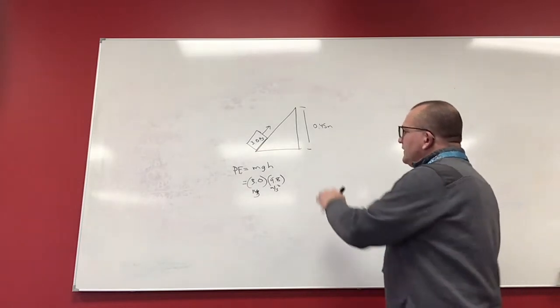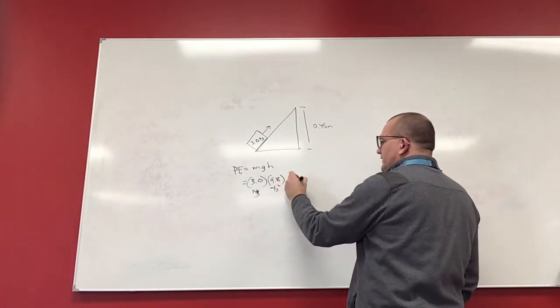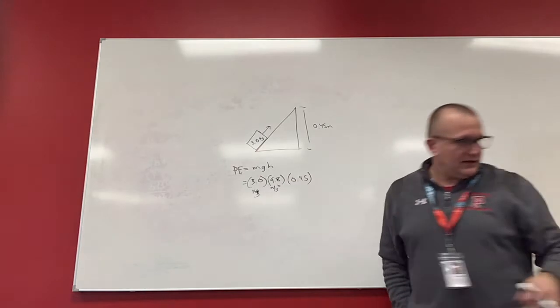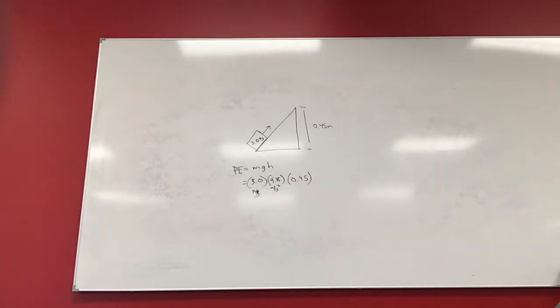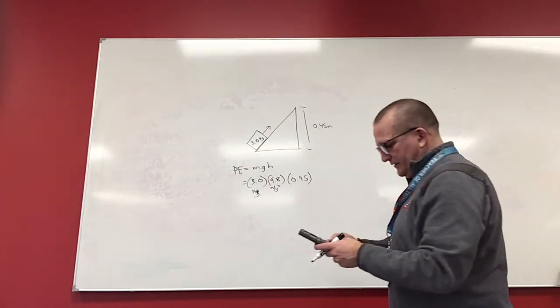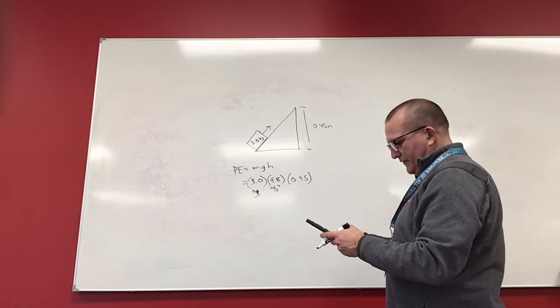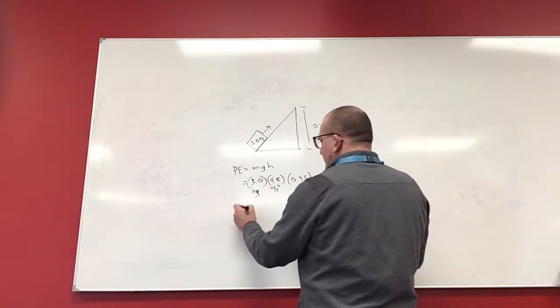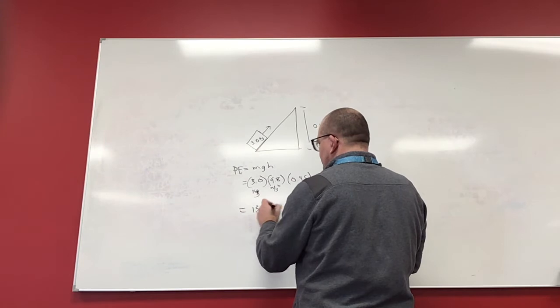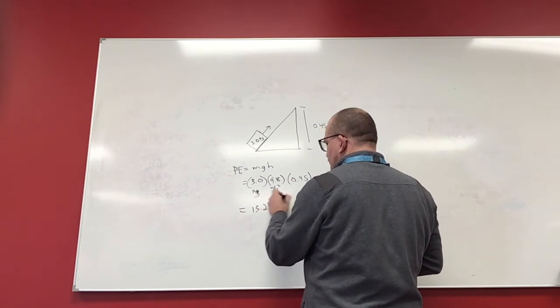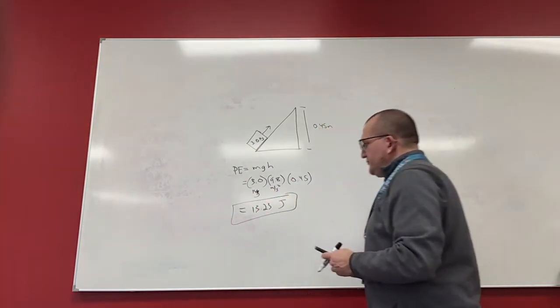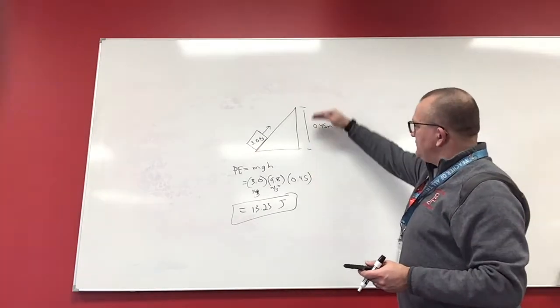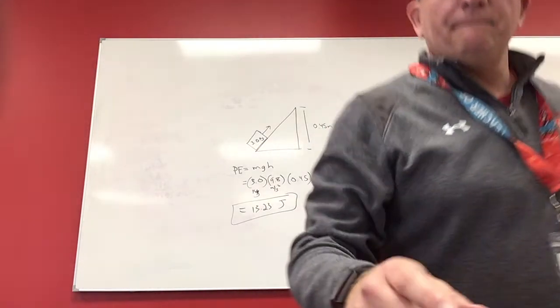And then h is our height in meters that we're coming up, so 0.45. And then it's just a matter of multiplying all these. So 3 times 9.8 times 0.45, and I get 13.23. And we're talking energy, so it's joules. 13.23 joules. And that's how much energy we give it when we raise that thing up.